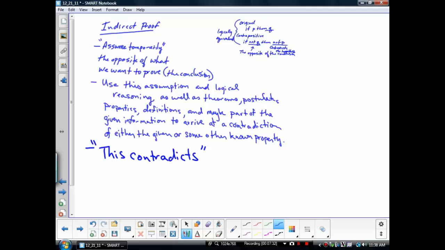And then we state what it contradicts, whether it be the given information, or whether it be, if we come up with the angle sum other than 180, this contradicts the fact that the angle sum of a triangle is 180 degrees, that type of thing. So this contradicts, which means the opposite must be true.